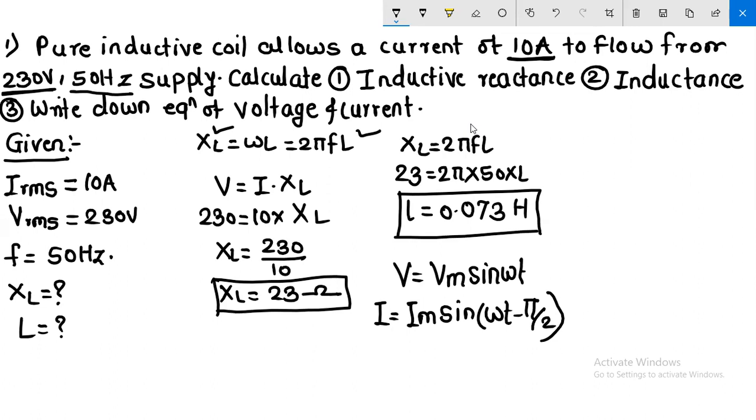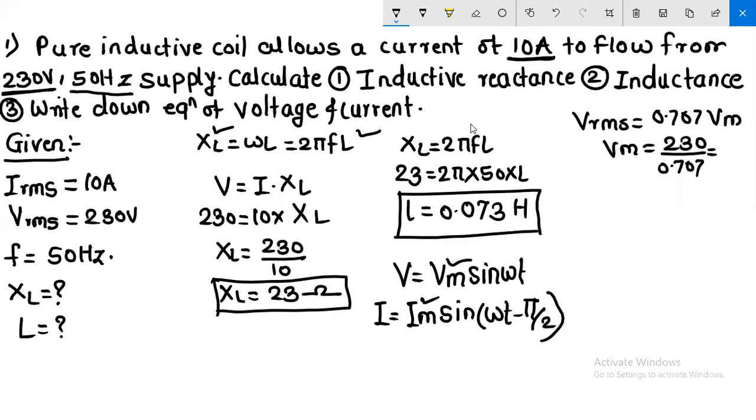But do we have the values of Vm and Im? No. But we have the RMS values, so we are going to find out the maximum values. First of all, find the maximum value. VRMS is equal to 0.707 Vm, correct? So Vm is equal to VRMS, which is 230, divided by 0.707.